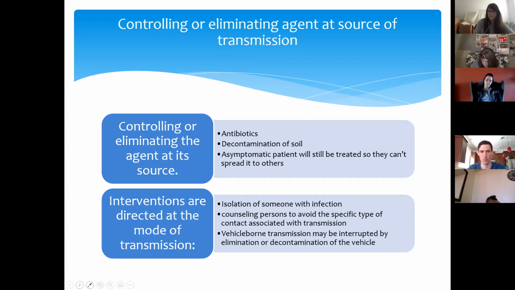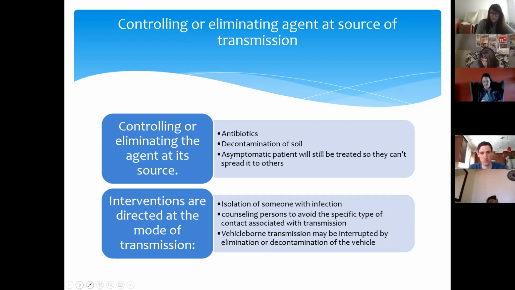And then we want to prevent directed modes of transmission. So isolating someone with an infection. So quarantining somebody who's had an exposure to COVID-19 or a positive test for COVID-19. In the hospital, we are going to isolate our patients who either are suspected of TB or have TB or varicella, the chickenpox.